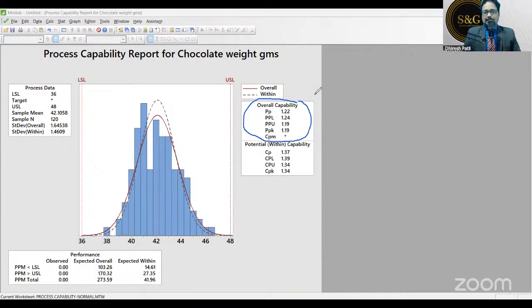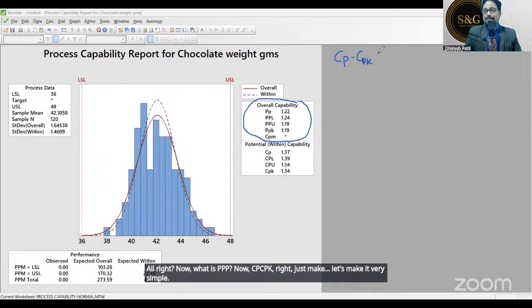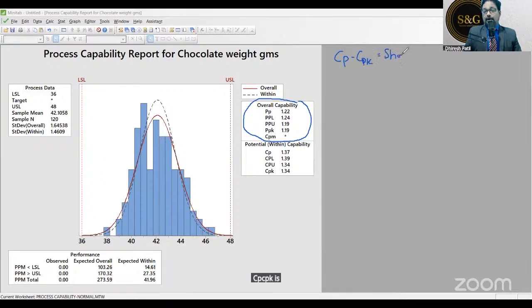All right. Now, what is Pp, Ppk? Let's make it very simple. Cp, Cpk is for short term, and Pp, Ppk is for long term.